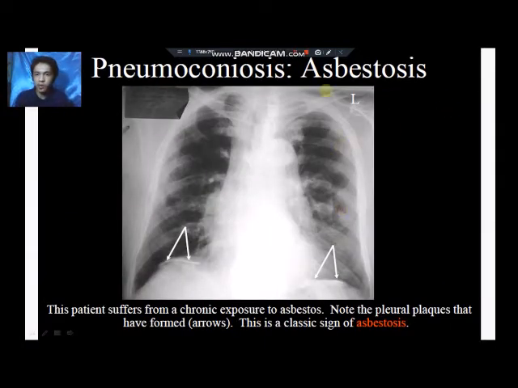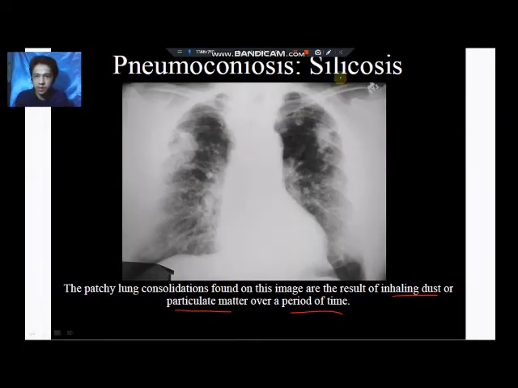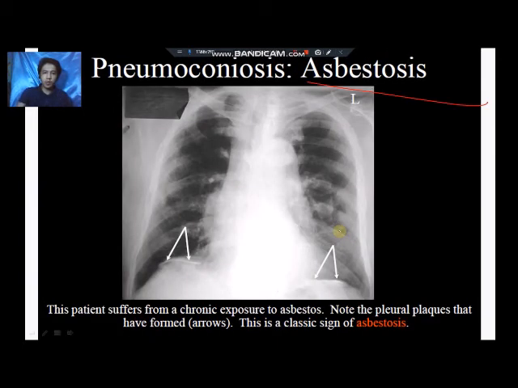We also have silicosis, in which patchy consolidations are demonstrated on the upper portions of the lungs. And then we have asbestosis, in which the collection of dust materials is usually seen at the base of the lungs.